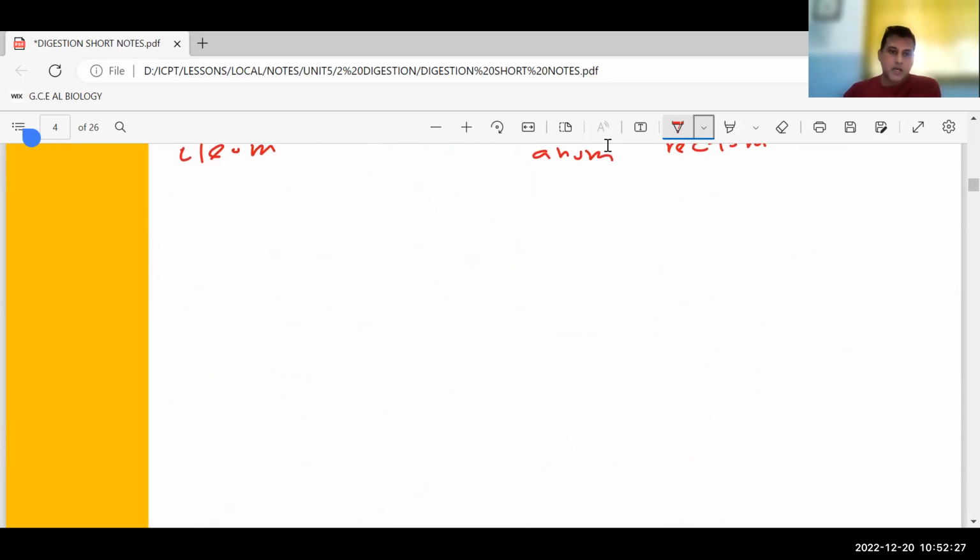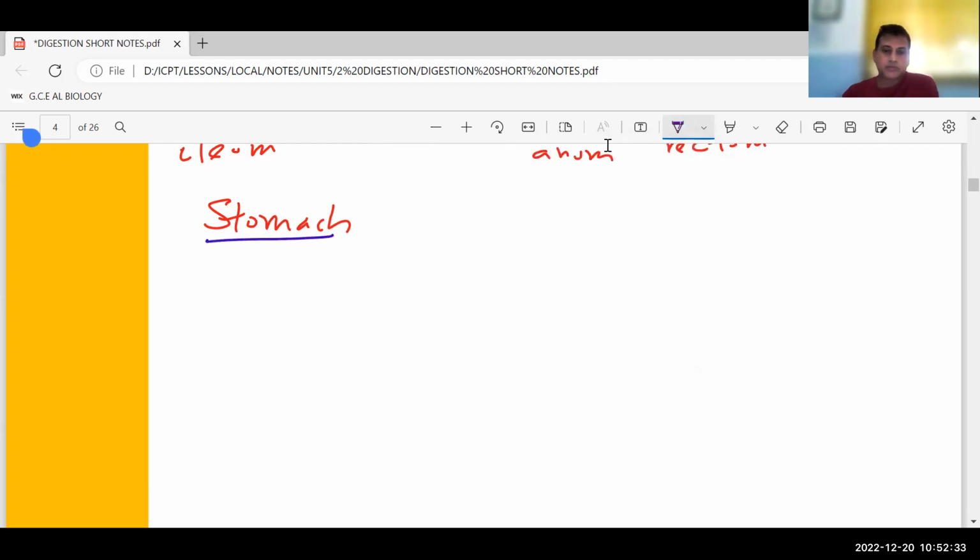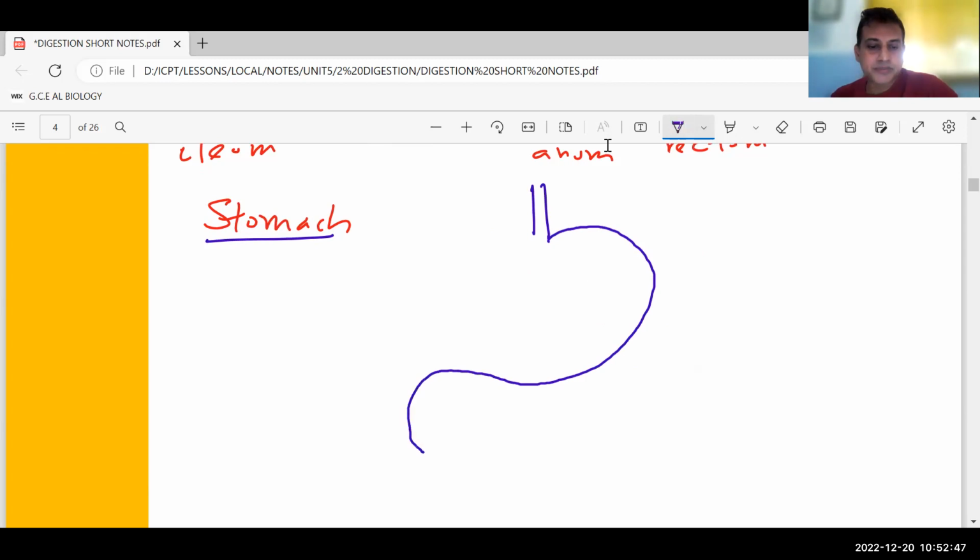So we start with the stomach then. Right, when the esophagus ended, this place is the beginning of stomach. Stomach is usually like this shape structure.